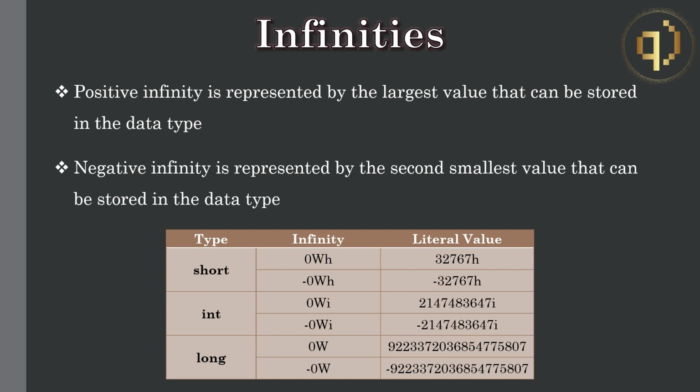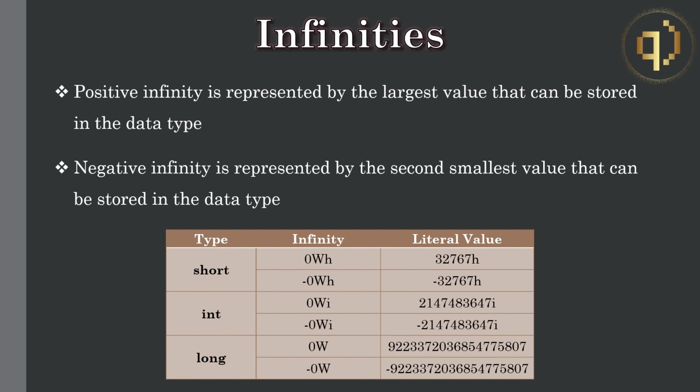Infinity for the short data type is represented by 0WH and is equal to the short value of 32,767. Infinity for the int data type is represented by 0WI and is equal to the int value of 2,147,483,647.